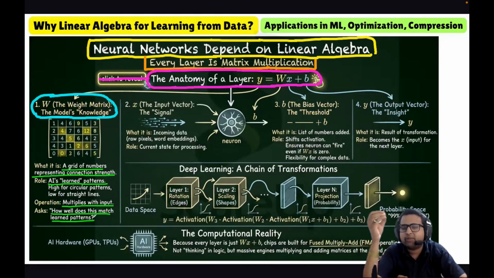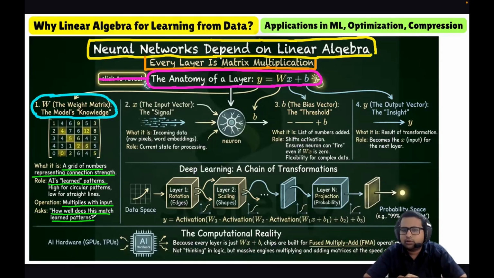If the difference between the predicted value and the actual value is large, the model's knowledge is not up to the mark. There is a need for more training. That is the significance of the weight matrix W.